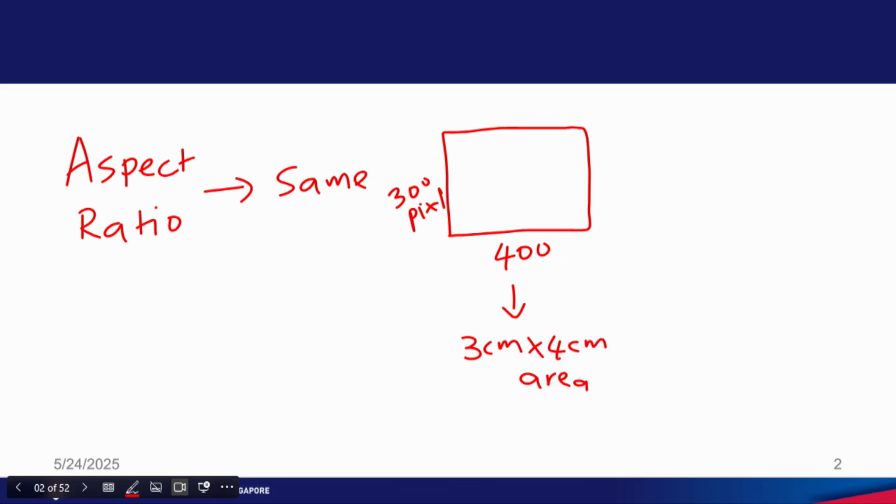Now I want this image to occupy a bigger area. When I do that, I should make that a multiple of this one. For example, 9 by 12 or something like that.